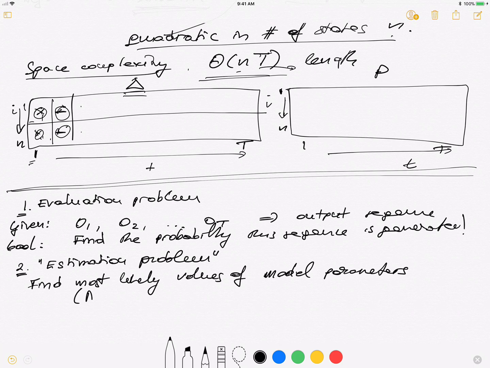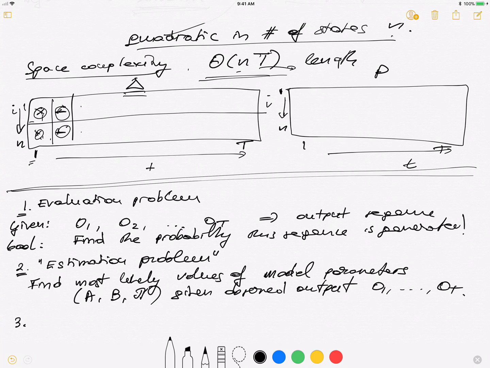Model parameters are matrix A, matrix B, matrix pi, given the observed output. In the lecture notes I posted on Blackboard, you will find a solution of this problem. This is an interesting problem. I would advise graduate students to look at this. And the third problem is the one that we have already seen, which is the decoding problem.